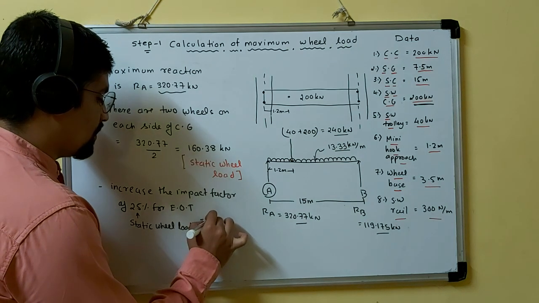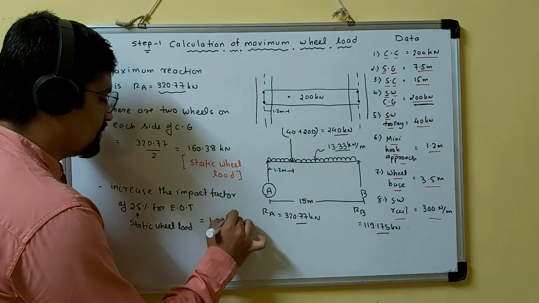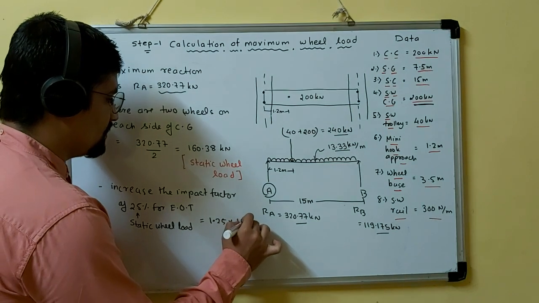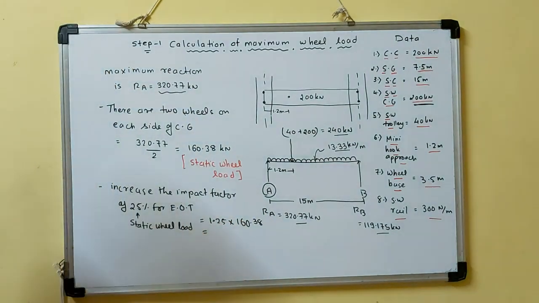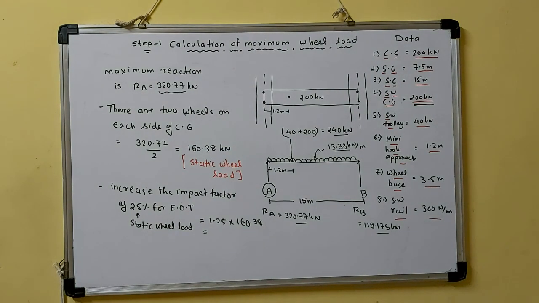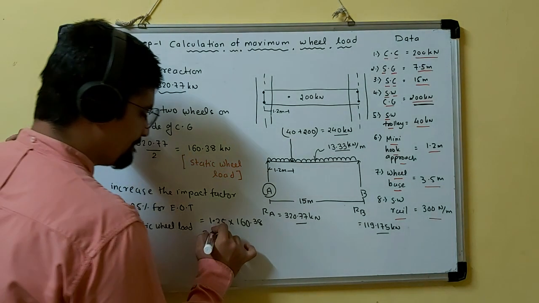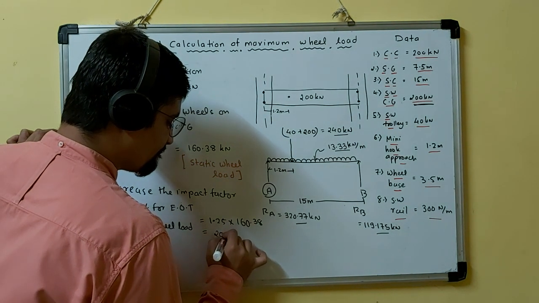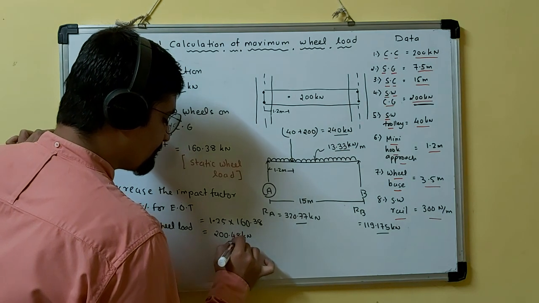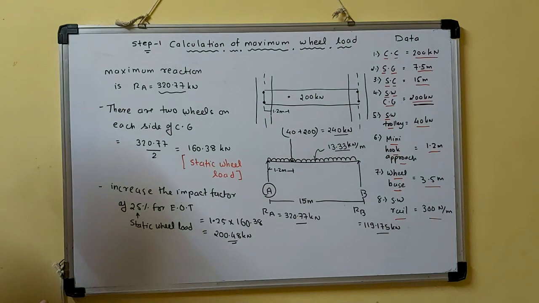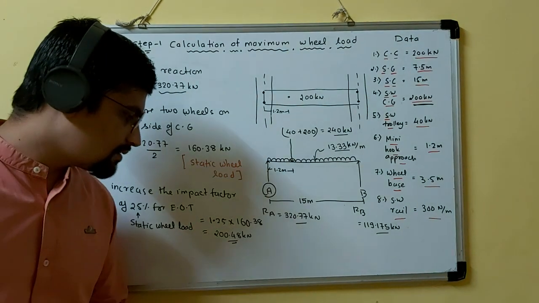So 1.25 into 160.38, so it will be 200.48 kN at each wheel. Now this is the working load.